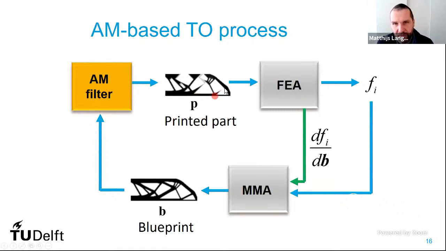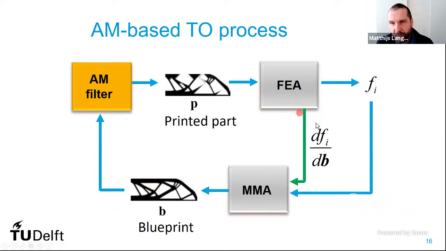We print the part, we get this geometry here, and from this geometry, I evaluate its stiffness, its displacements, its stresses, and so on. So this is the actual printed part I consider that is to be evaluated. Now, clearly, it's not going to be so stiff in this case because we took a big chunk here out of this top beam, which is quite important mechanically.